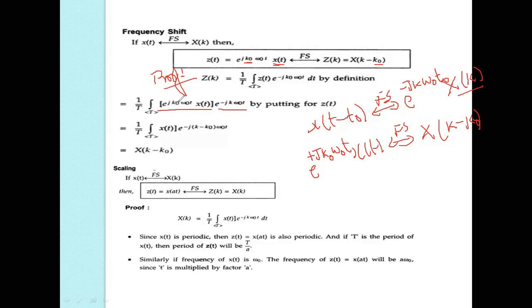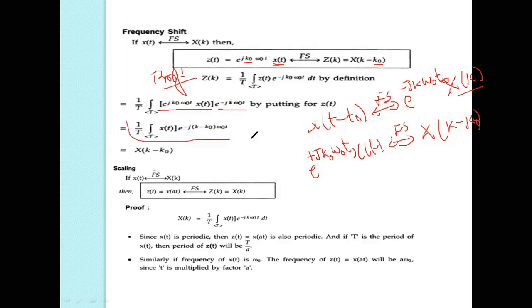And see here, the two exponentials have the same base, so add the powers. Take the minus as common in k omega naught, and here is a plus, so keep the minus, minus into minus is plus. Omega naught t is common in both, and k naught is there.